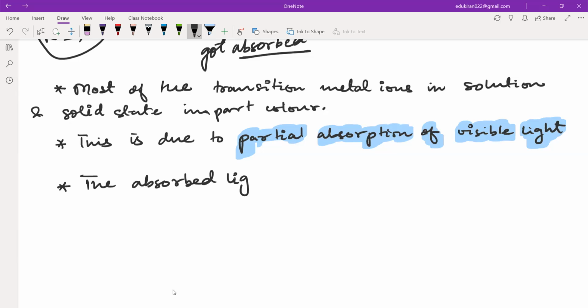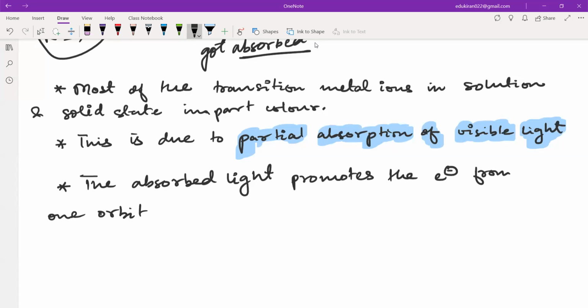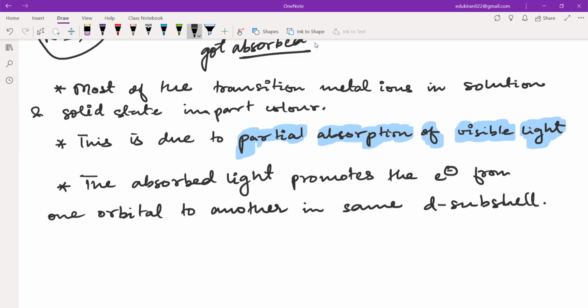The absorbed light promotes the electron from one orbital to another in the same d subshell.